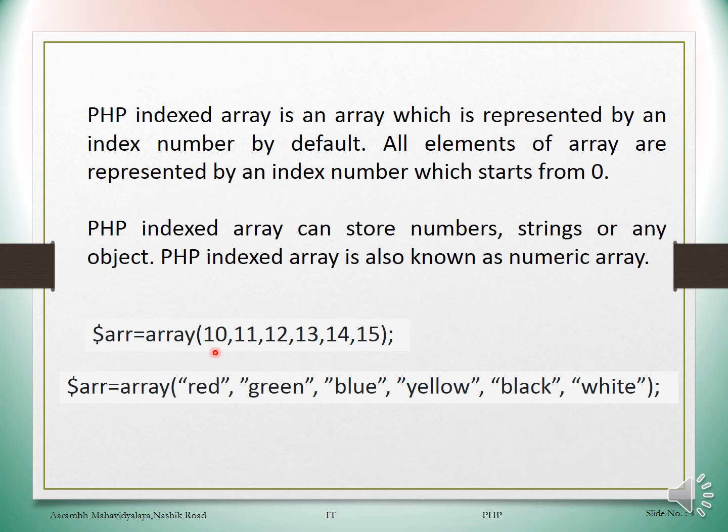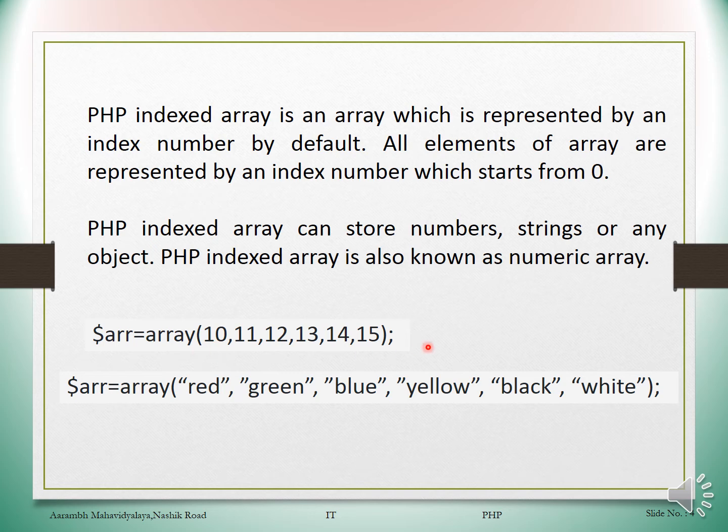Okay, here the index number of 10 is 0, index number of 11 is 1, index number of 12 is 2, like this. Here we are having totally 6 elements, and therefore the index number of 15 will be 5. Okay, got it? 0, 1, 2, 3, 4 and 5. These are the index numbers of these array elements.